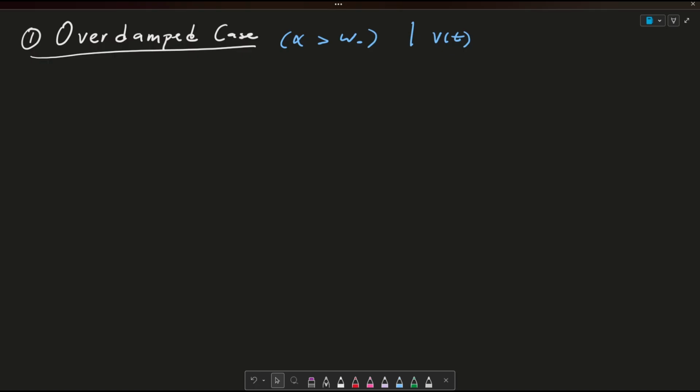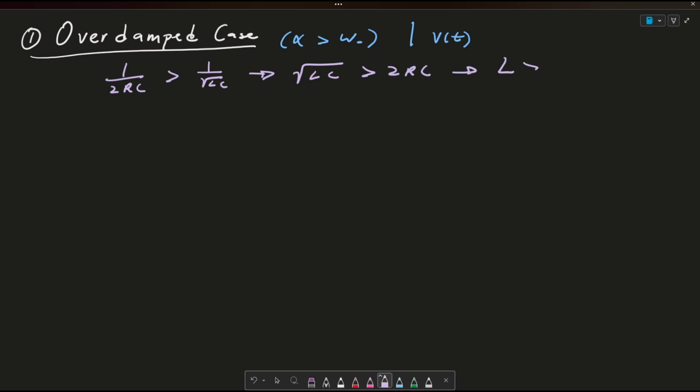And before we do that, I want to make a note that if we have an overdamped case, we say that 1 over 2RC is greater than 1 over the square root of LC. As a result, the square root of LC is greater than 2RC.